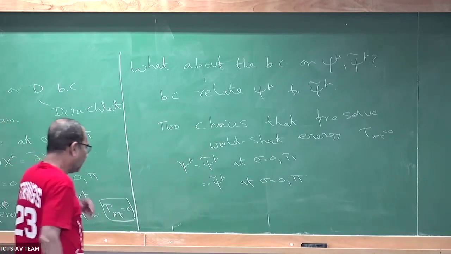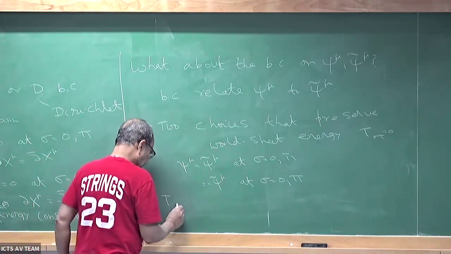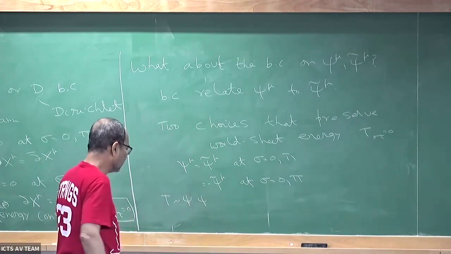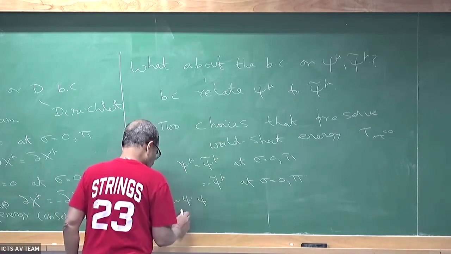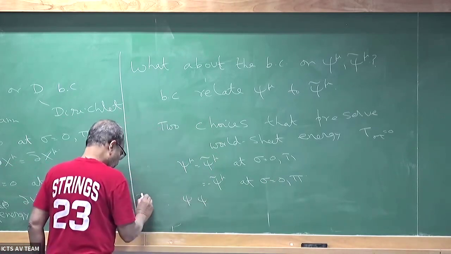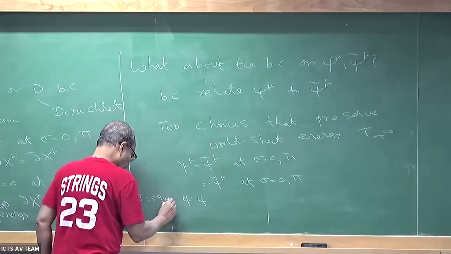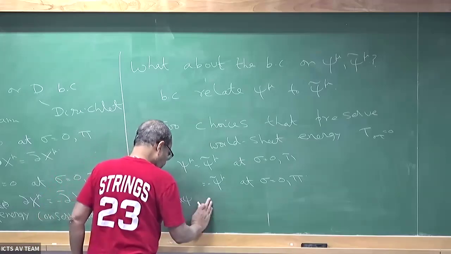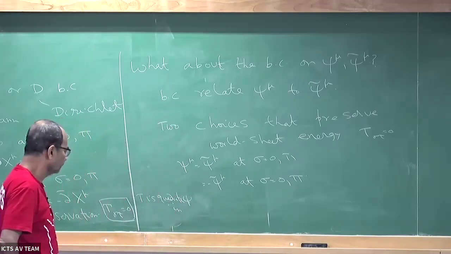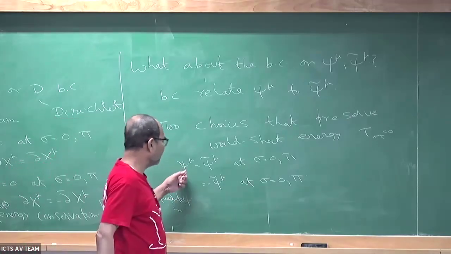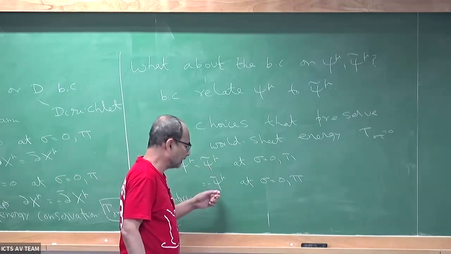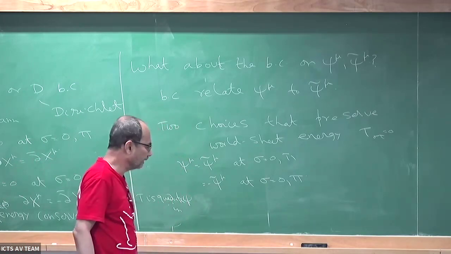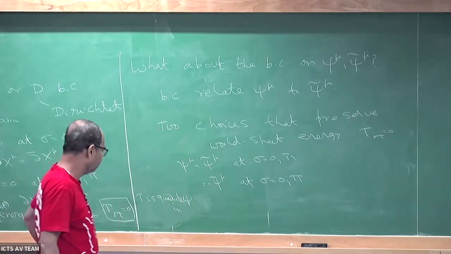Because the energy momentum tensor contains psi, it's quadratic in psi. So whether psi mu is set equal to psi tilde mu or psi mu is set equal to minus psi tilde mu, the worldsheet energy is conserved.